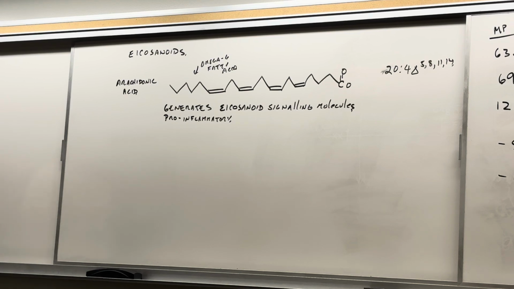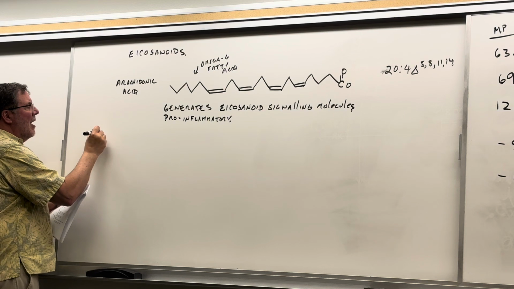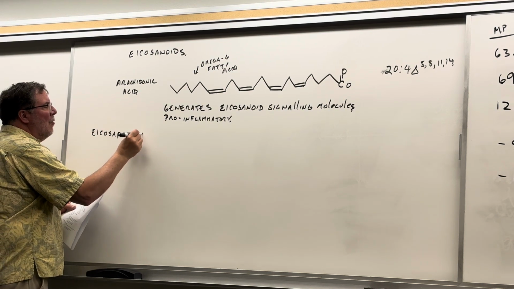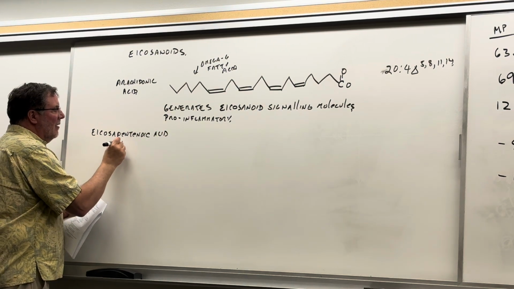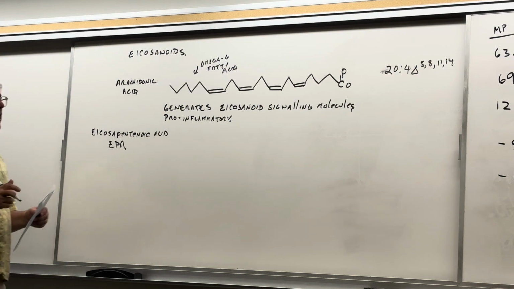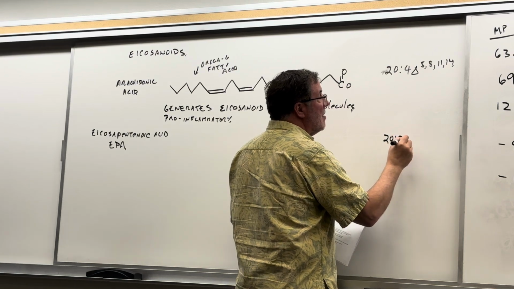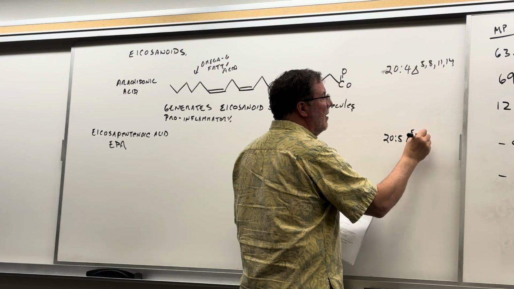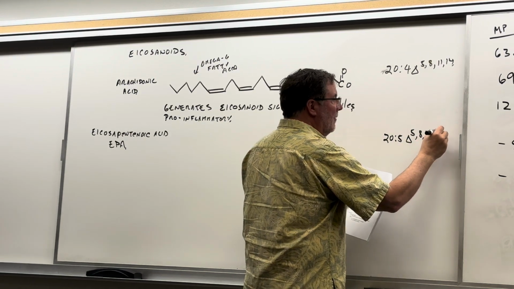Now, I'm going to contrast that with another fatty acid, known as eicosapentaenoic acid, or EPA. It has 25 carbons, delta 5, 8, 11, 14, and what's the next one? 17.